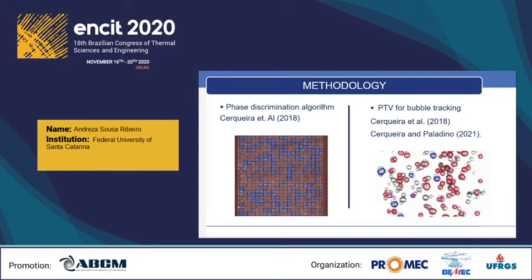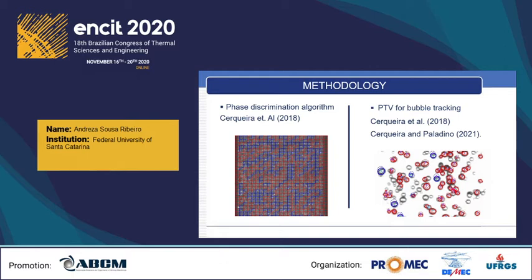The algorithm identifies the interrogation windows occupied by bubbles and removes them from the ensemble average of liquid velocity. The blue windows represent the vectors of the liquid phase, and the red windows represent gas phase regions.